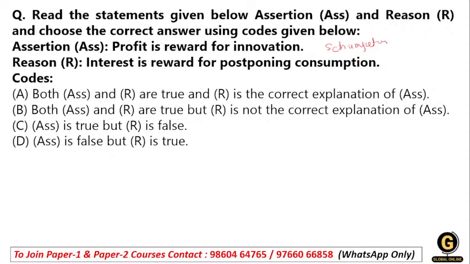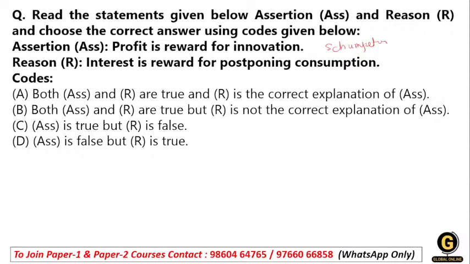Because if anything new is introduced in the market, it creates a profit. New innovation always creates a profit, but when I say always, it is applicable only when the innovation is actually beneficial for society and for the person.